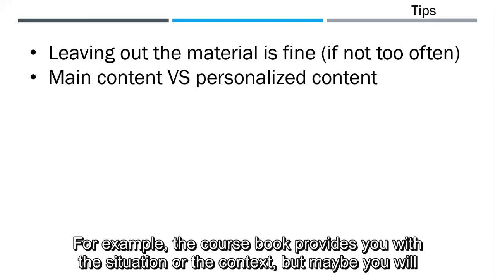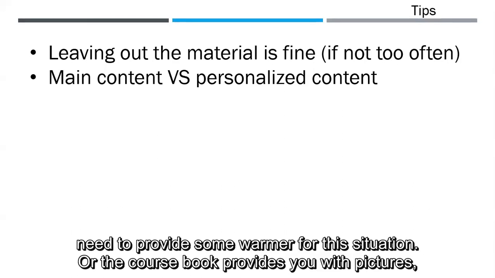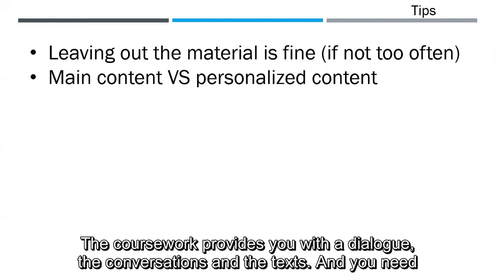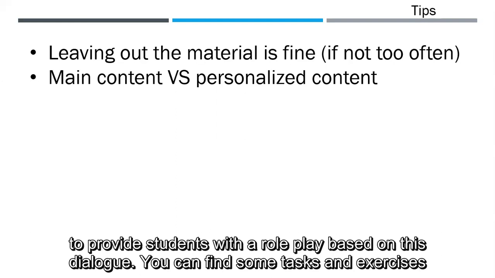For example, the course book provides you with the situation or the context, but maybe you will need to provide some warmer for this situation. Or the course book provides you with pictures, but you will need to give some instructions to your students connected to those pictures. The course book provides you with a dialogue, like the conversations, right, and the texts, and you need to provide your students with a role play based on this dialogue.